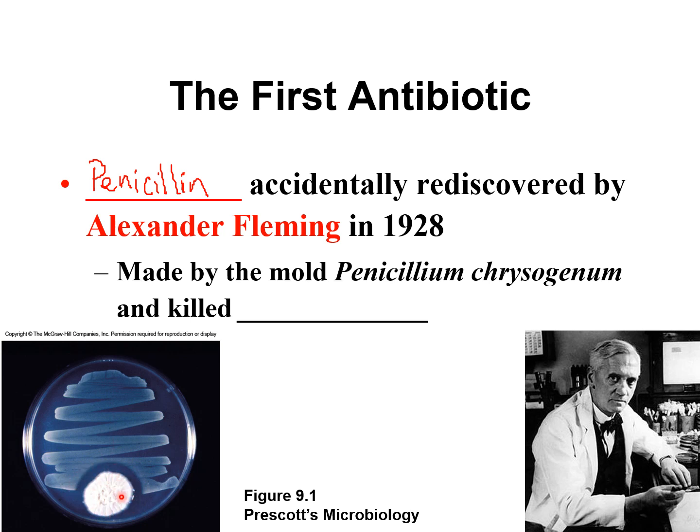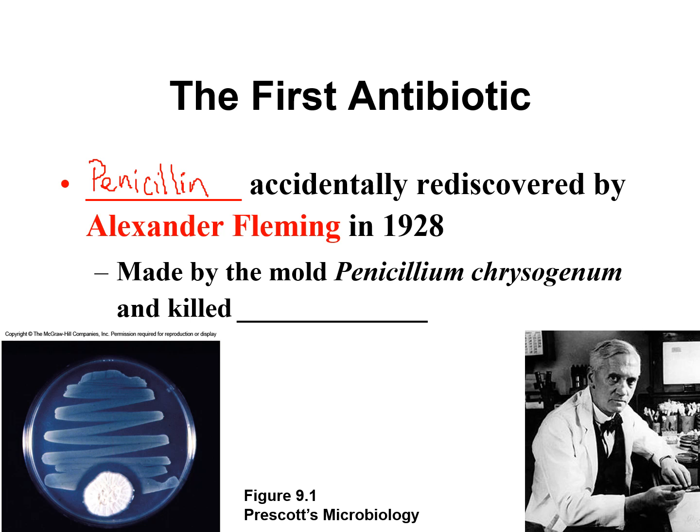So the mold is this white circular spot, and you can see that it's clear around it. So the mold had secreted something that had killed off the Staph aureus bacteria around it. And so Alexander Fleming was really excited about that because he was like, that is fantastic. He's like, anything that can kill Staph aureus is just amazing.